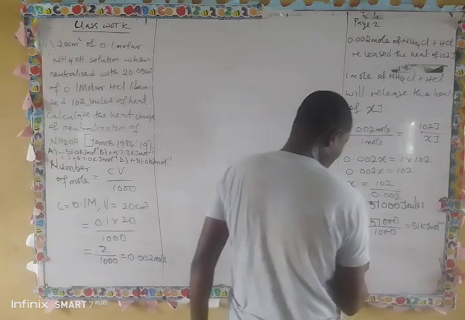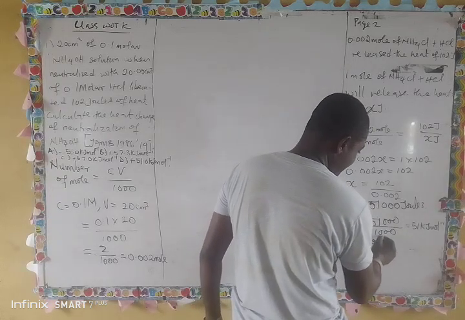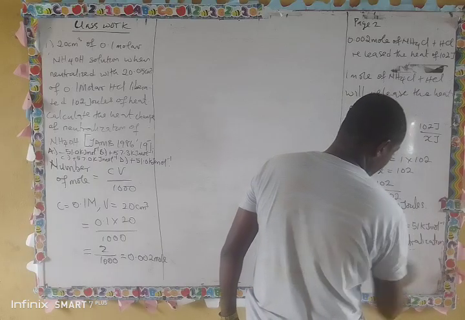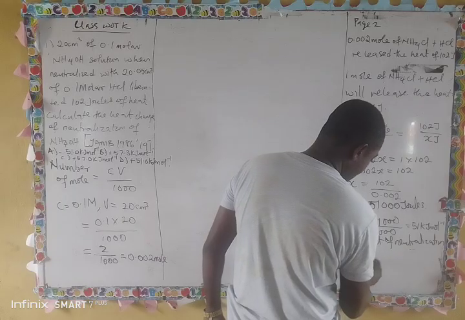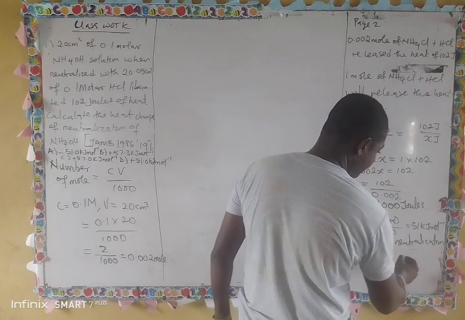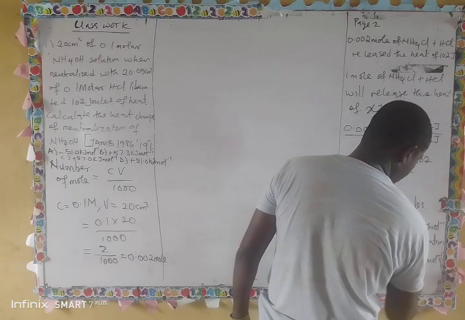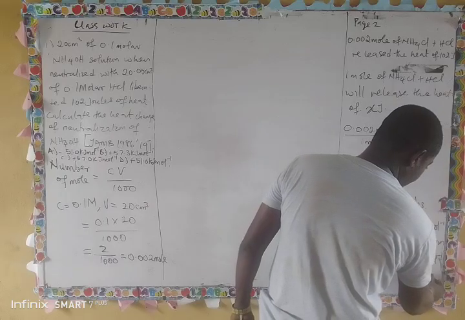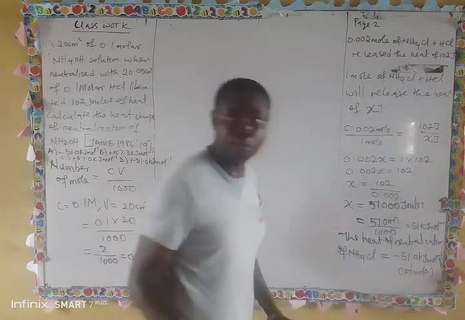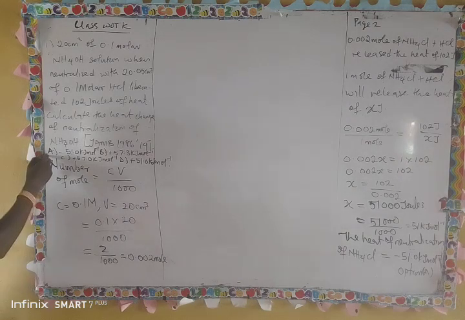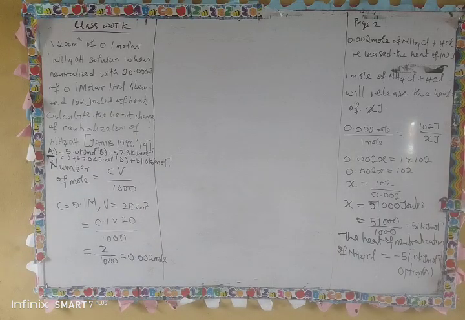So we now say the heat of neutralization of NH4Cl will give us minus 51.0 kilojoule per mole, which is option A. Although in your calculation you got plus, once it is heat of neutralization, you put minus. So please take note of that.